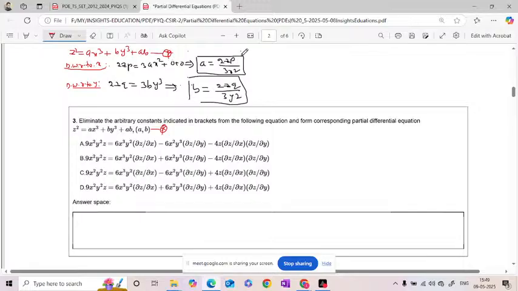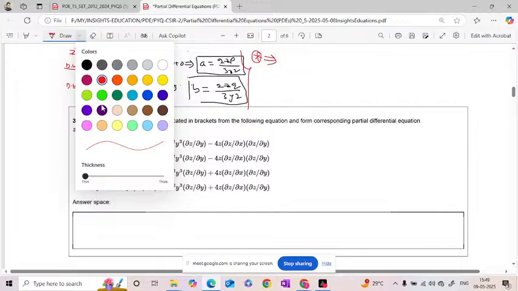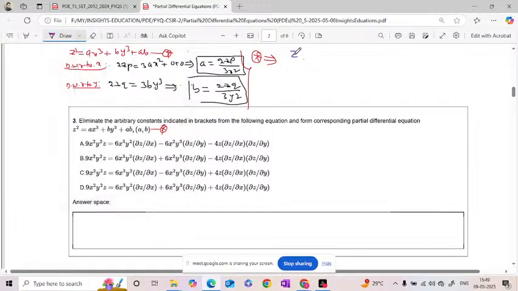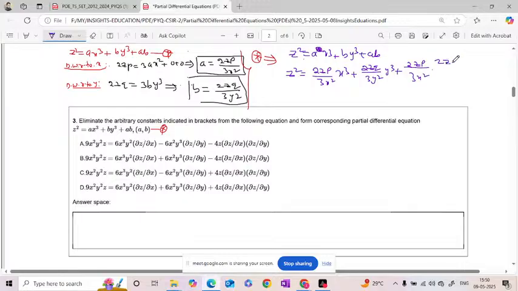So equation star becomes z square is equal to ax cube plus by cube plus a into b. z square is equal to 2zp by 3x square into x cube, next one, 2zq by 3y square into y cube, and 2zp by 3x square into 2zq by 3y square.